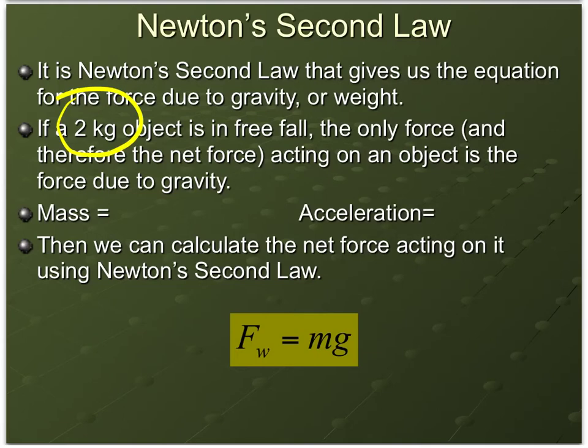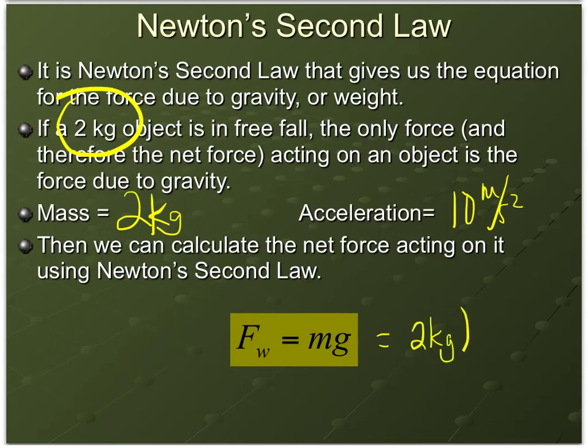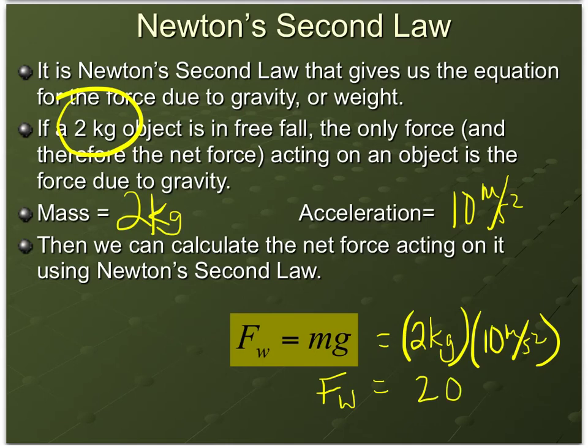The mass of the object, which we stated is 2 kilograms. We know that here on Earth our value for gravity is 10 meters per second squared. So we can calculate the net force acting on it using Newton's second law. So if we substitute in our values here, 2 kilograms times 10 meters per second squared, and when we solve, that's going to give us an Fw of 20.